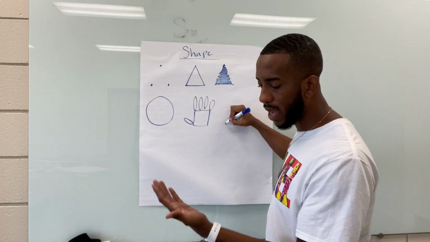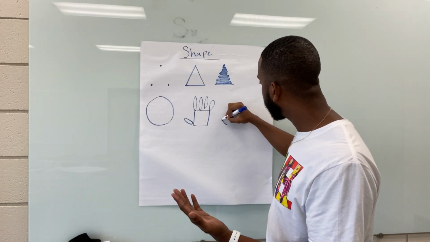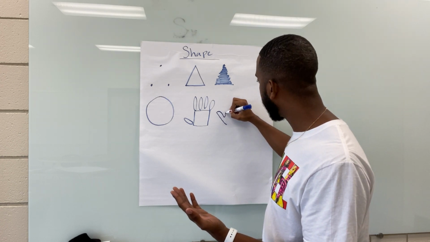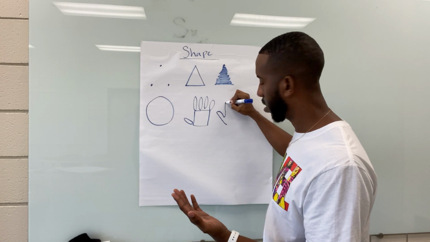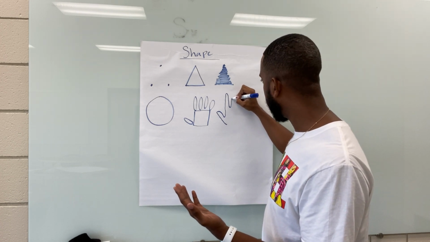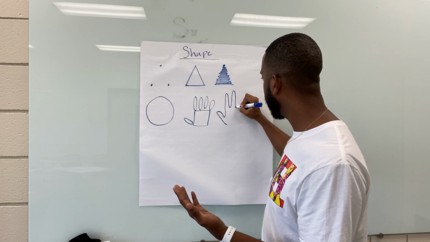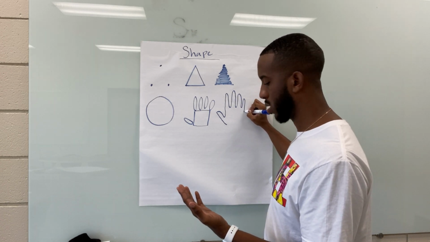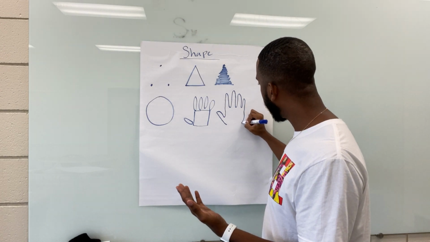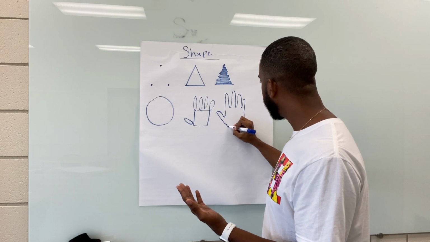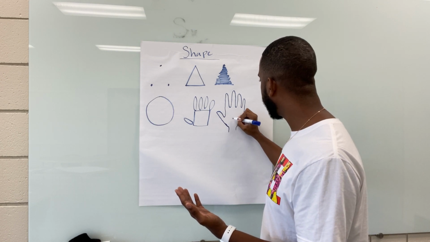After I'm able to see the simpler shapes, I can then go back in and notice the smaller changes that are happening when it comes to the hand. I can also notice the differences in length of the fingers, and I can also notice the natural roundness of the hand as well.